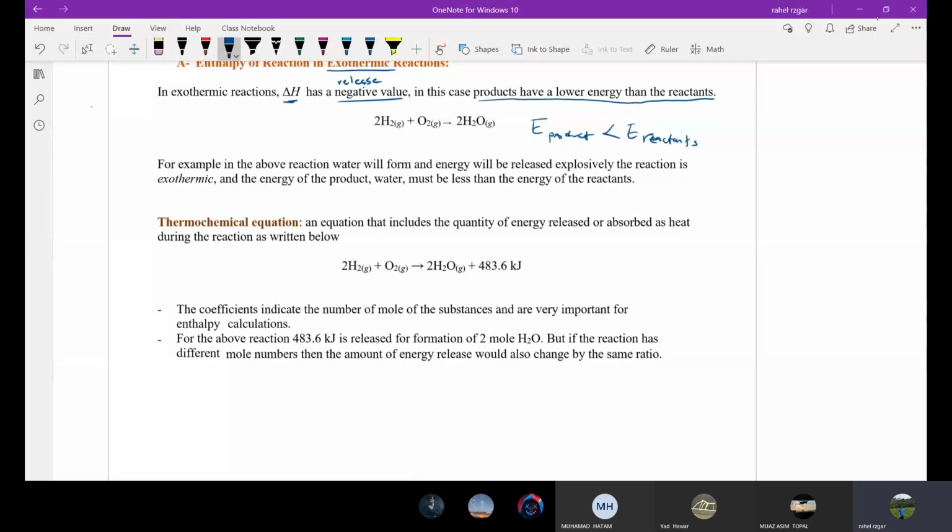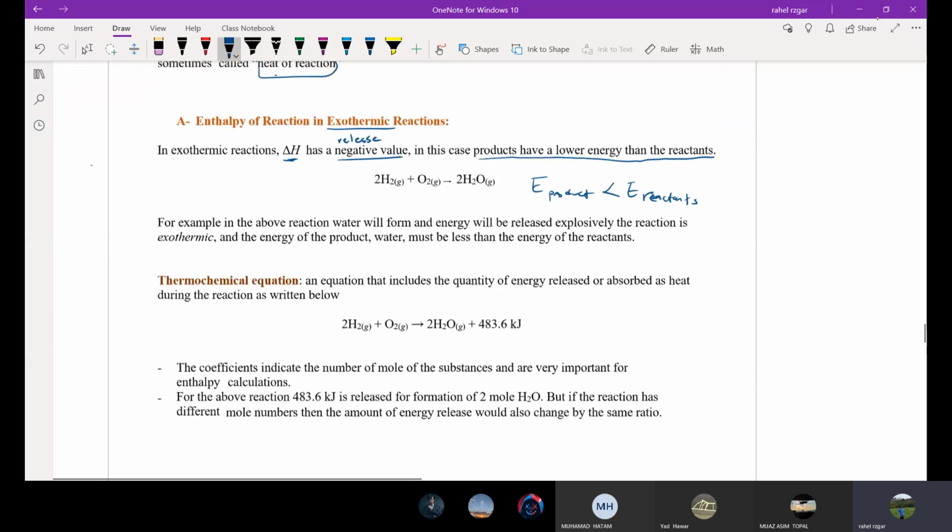So, for example, in this equation, hydrogen and oxygen and H2O. In the above reaction, water will form and energy will be released explosively. The reaction is exothermic. Since energy will be released explosively, it means a lot of energy is released. That's what explosively means.